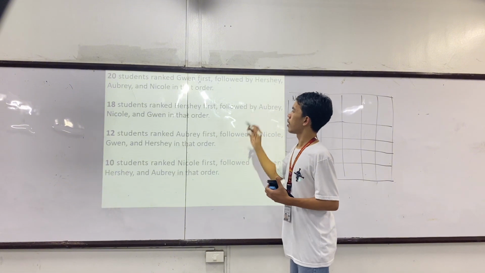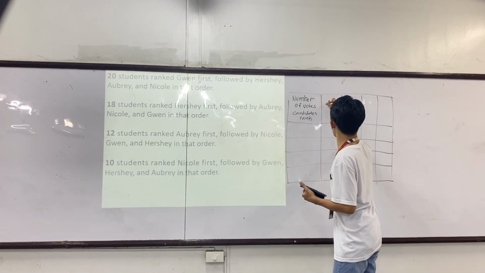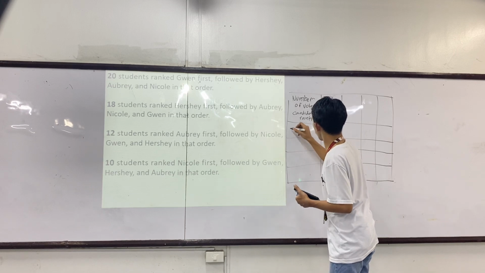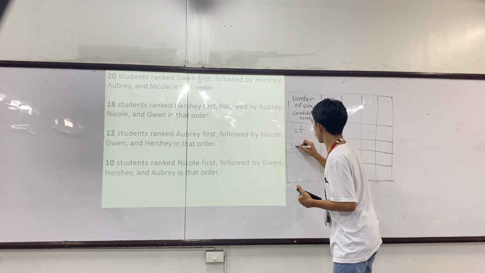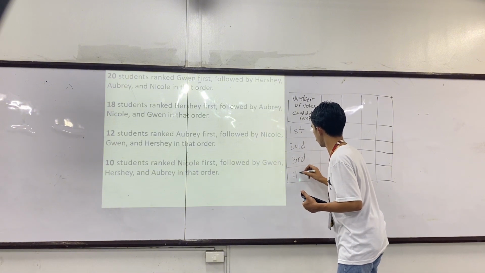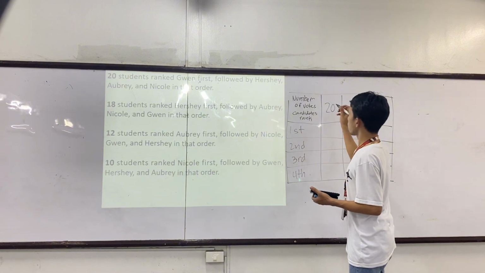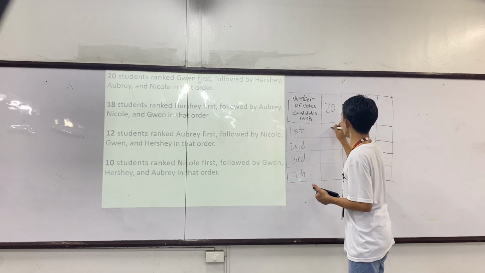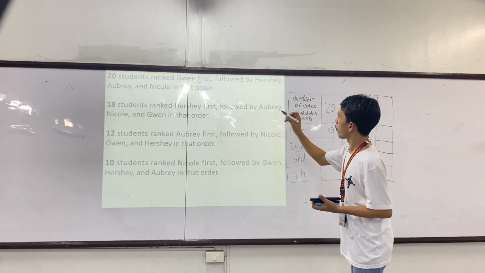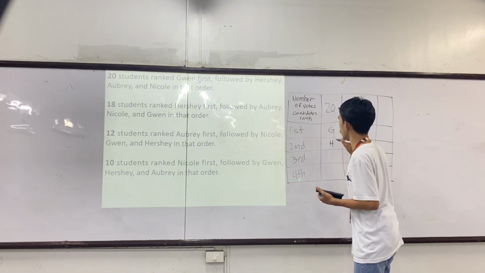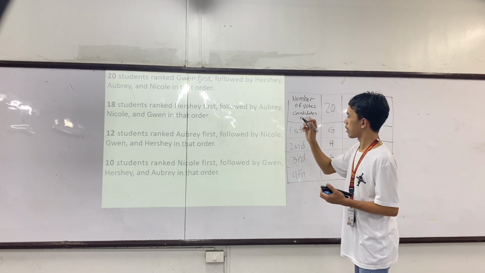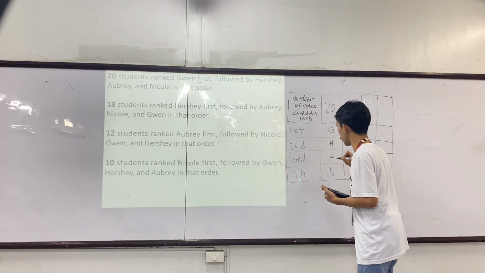In the first, there are 20 students who vote for Gwen first, in the first round, followed by Hershey, next Aubrey, and last Nicole.